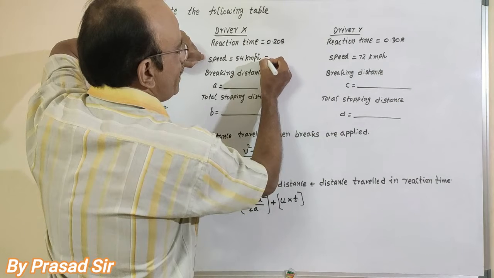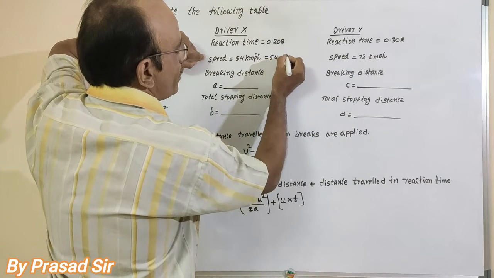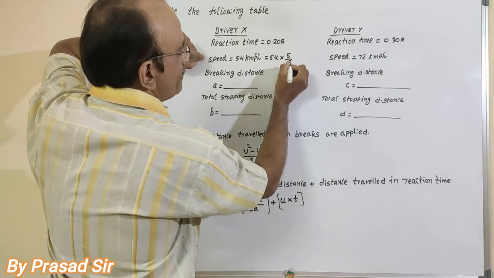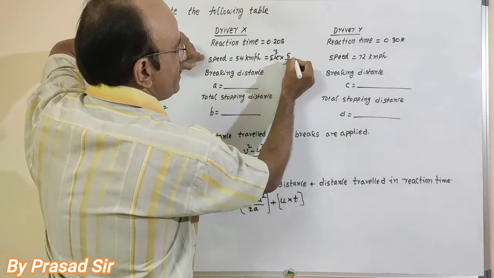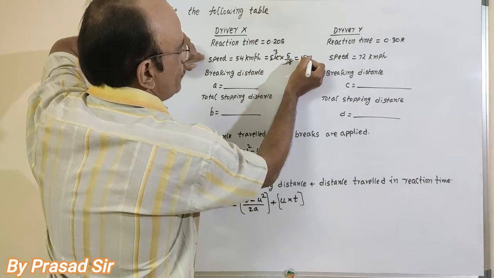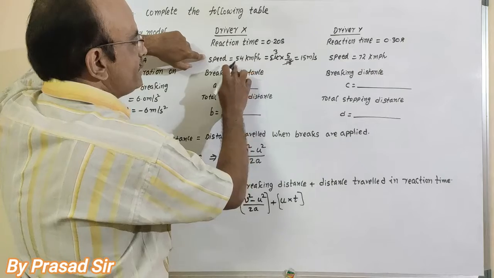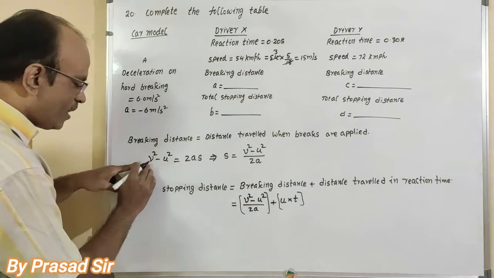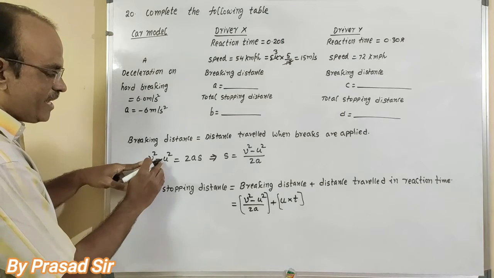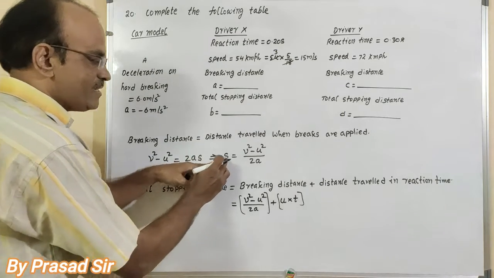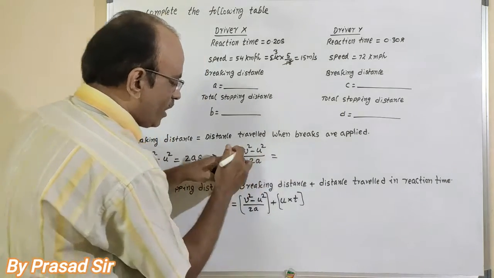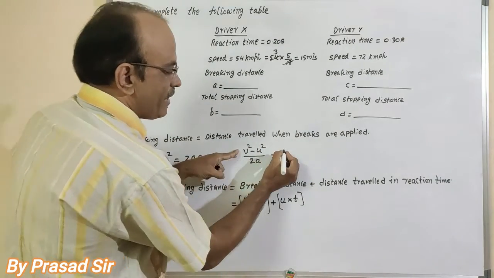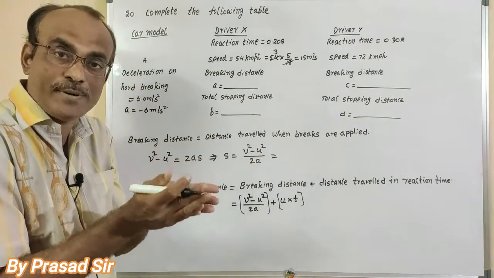Now the speed is 54 kilometers per hour. 54 into 5 by 18, cancellation with 3, is equal to 15 meters per second. That is the speed. Now I take V square minus U square equals 2AS, S is equal to. V is the final velocity after applying the brakes, it becomes 0.